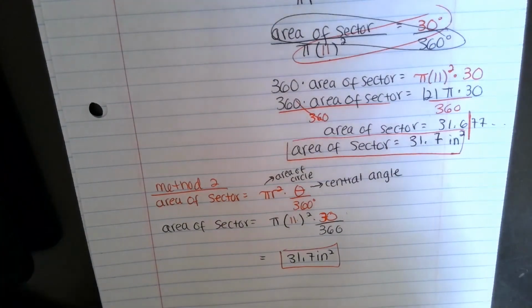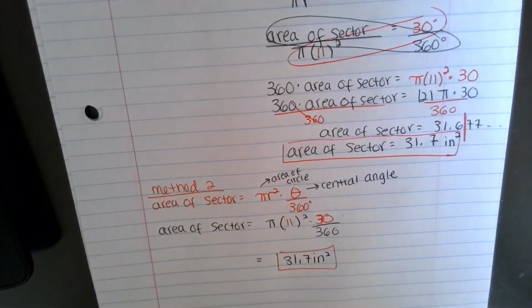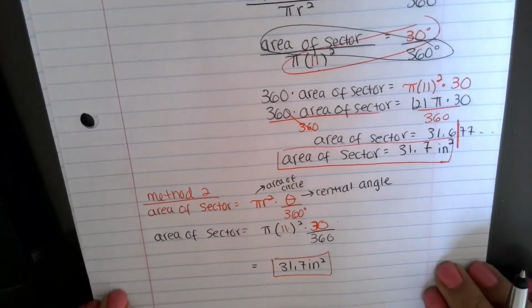Okay, so we'll do one more example for area of a sector, and that'll be all for this video, and then we're going to move on to video 2 with the other topics.